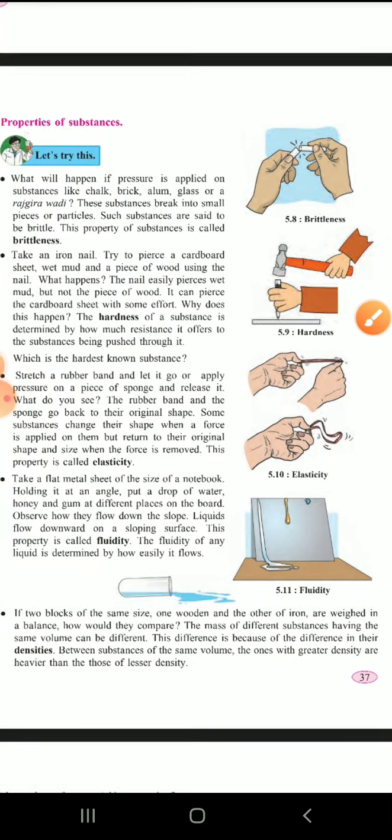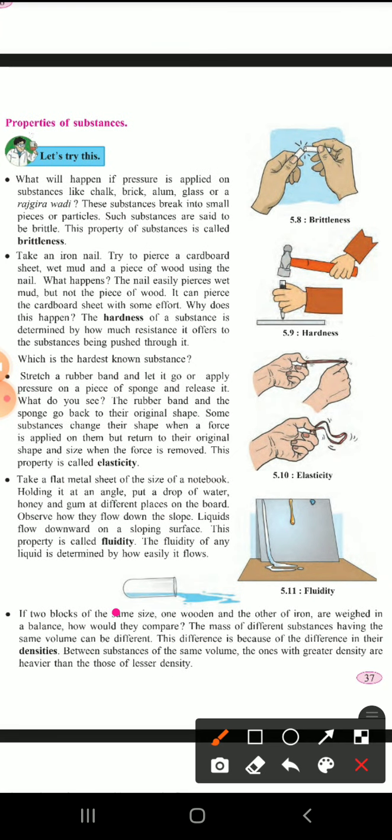If two blocks of the same size, one wooden and the other iron, are weighed in a balance, how would they compare? The mass of different substances having the same volume can be different.